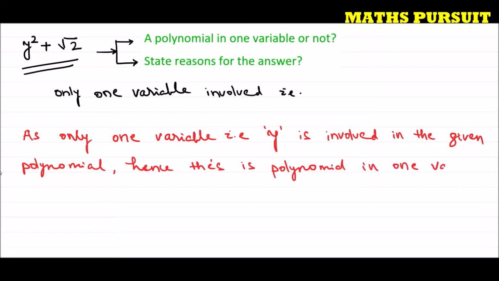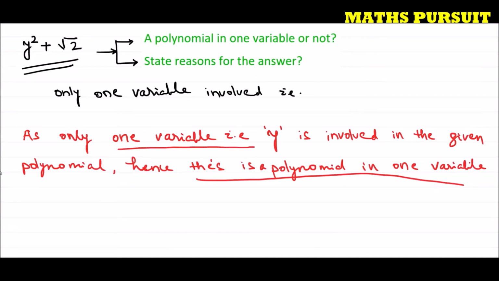We answered both the questions. How? The first part is whether this is a polynomial in one variable or not. We are telling that this is a polynomial in one variable. And why? As only one variable is involved, that is y. For that reason only this is a polynomial in one variable.